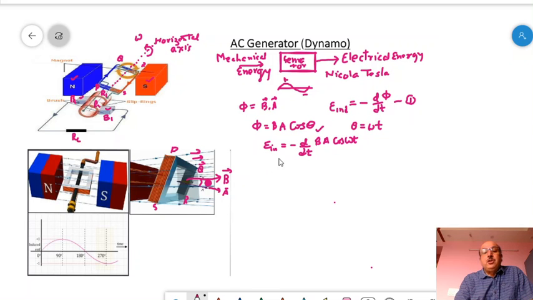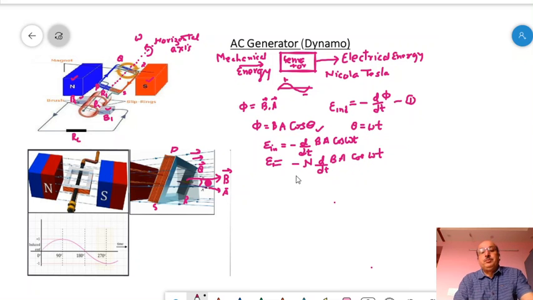If there are n turns on the coil, then induced EMF E is equal to minus n d by dt of BA cos omega t.